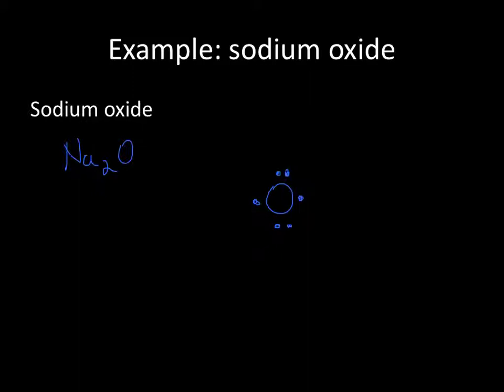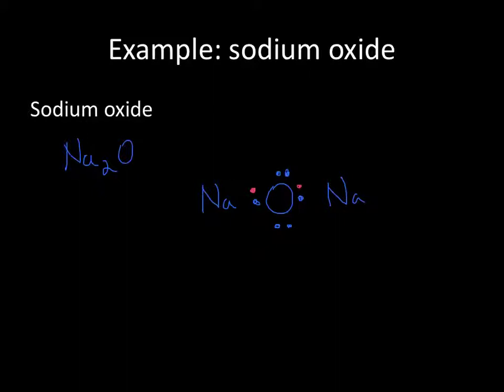an atom of oxygen. Now the formula is Na2O, so let's just draw sodium here on the right and the left side. So alkali metals will have 1 electron, at least their atoms will, and they transfer this 1 electron to oxygen.